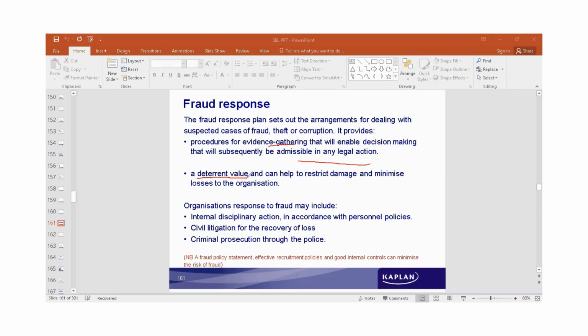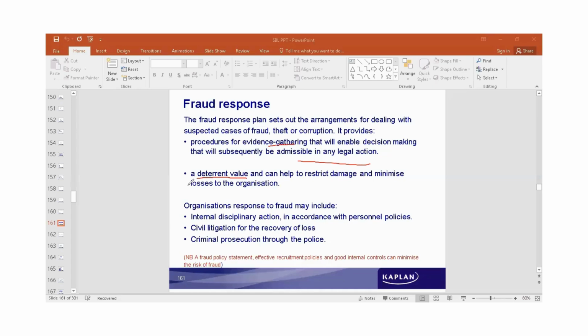See, the organization's response to fraud may include internal disciplinary action in accordance with personnel policies, civil litigation for the recovery of loss, or criminal prosecution through the police. Any of these measures can be taken up as a response. If they don't respond, if they don't react, things will continue in the same manner and no improvement would be there.